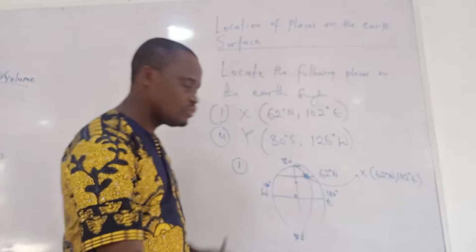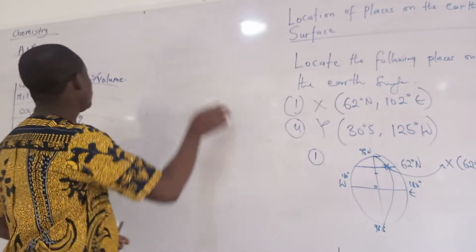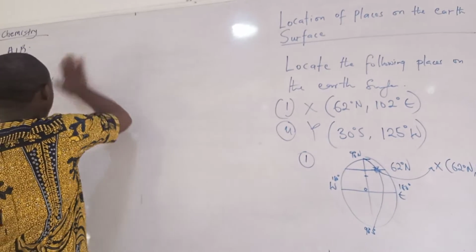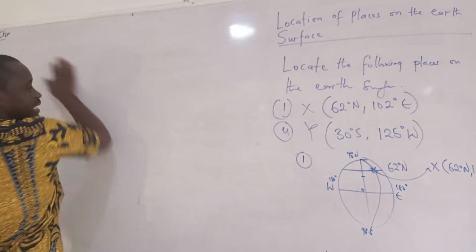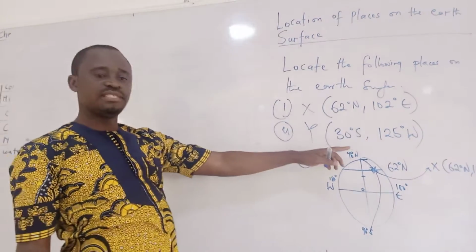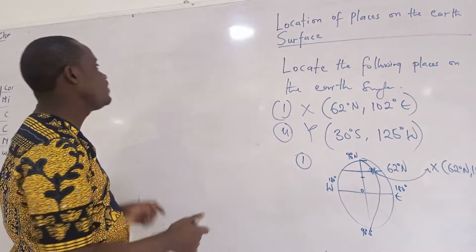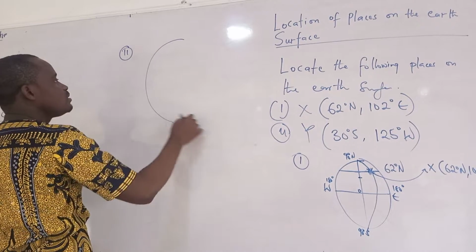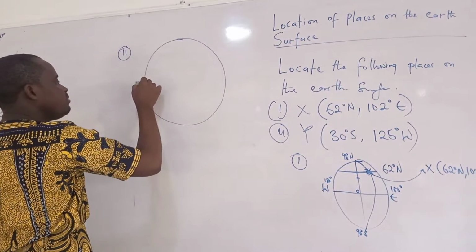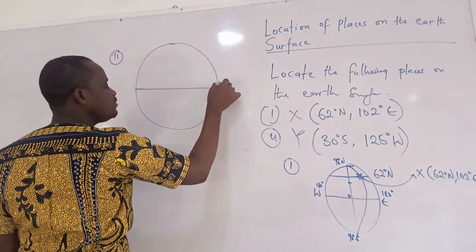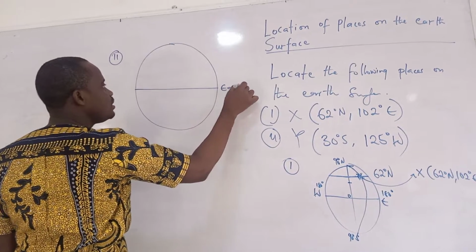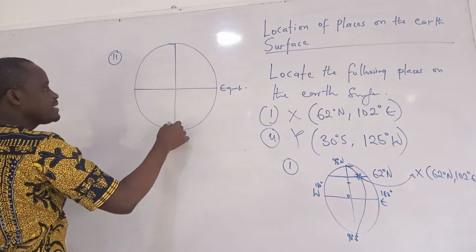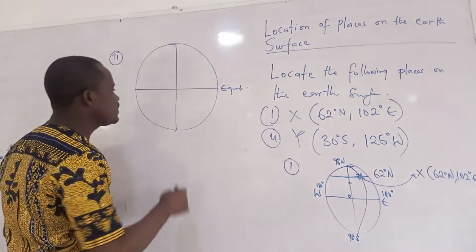Now for Roman figure 2, come with me. Here you have 30 degrees south and 125 degrees west. So you draw this. Remember this is the equator, like we once described, and this is the polar axis, from the description of the Earth's surface.